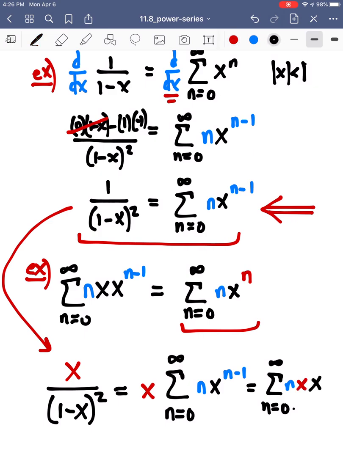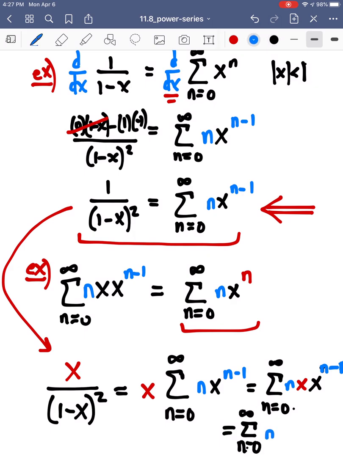And since we're now multiplying two quantities, they have the same base but different powers, we get to just go ahead and add those powers. So that's how we can get other types of power series as well. Very much in a puzzling fashion.